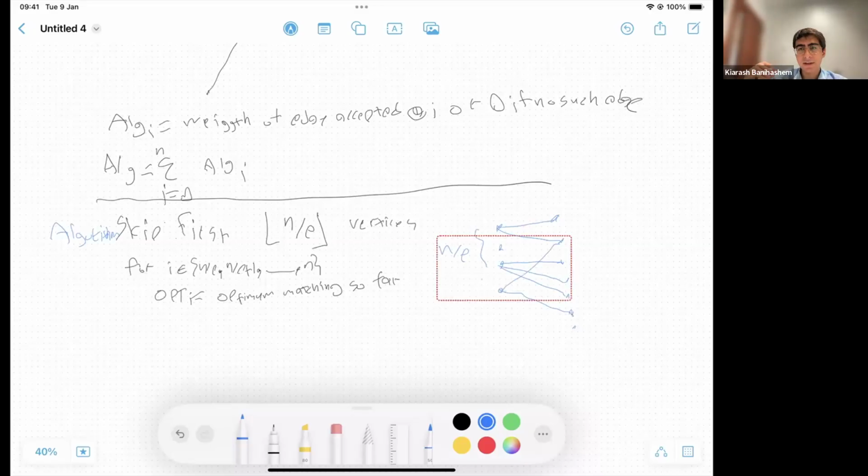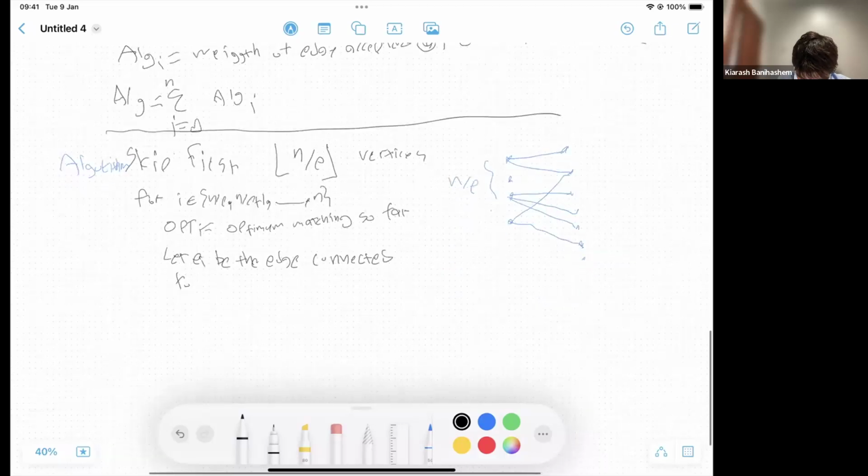I haven't seen the entire thing, but I have part of the graph. I calculate the optimum matching on this partial graph, and then let EI be the edge connected to VI, where VI just means the vertex at time I.